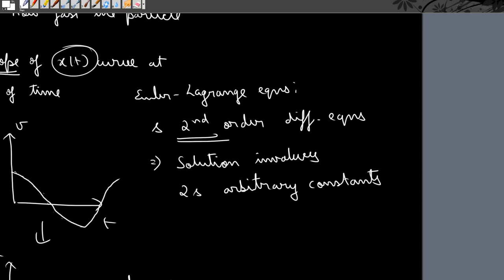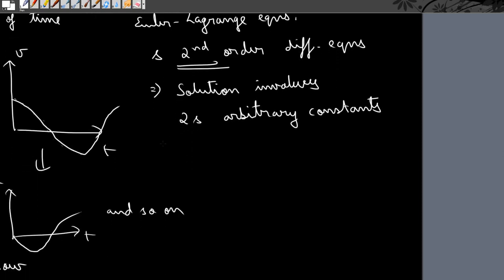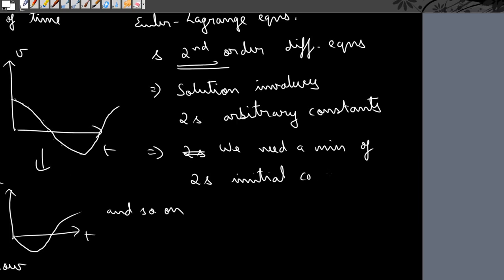So this in turn implies we need a minimum of 2s initial or boundary conditions to get the solutions for the Euler-Lagrange equations.